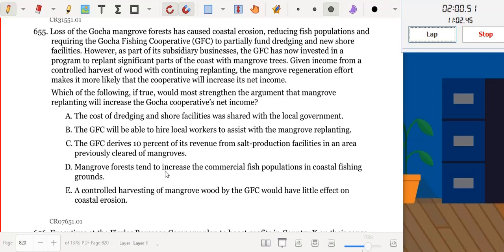Given income from a controlled harvest of wood, the regeneration effort makes it more likely that the cooperative will increase in net income. Okay.